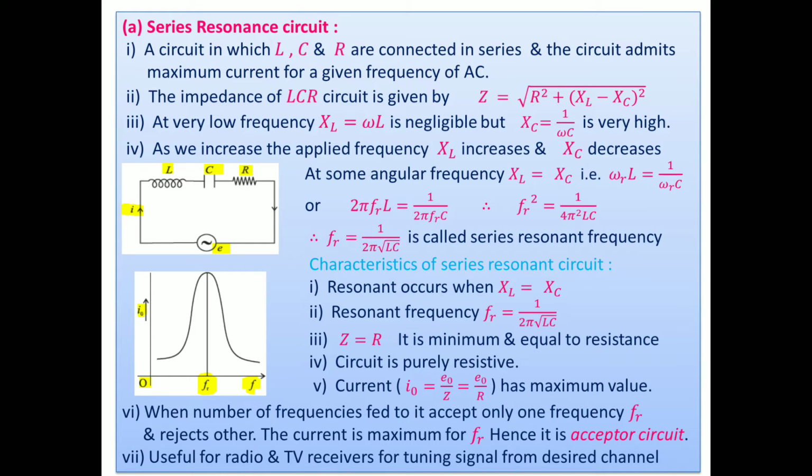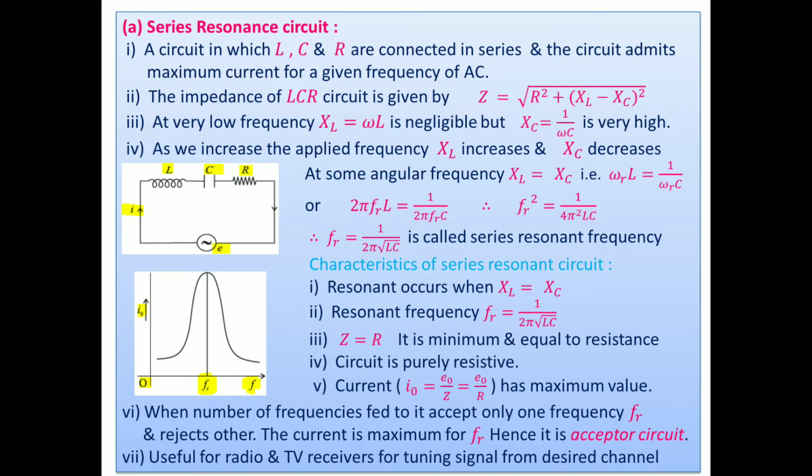But the capacitive reactance is more, because XC equal to 1 upon omega C or 1 upon 2 pi fC. Frequency is less, so capacitive reactance is more. In short, at low frequency, inductive reactance is negligible and capacitive reactance is maximum.